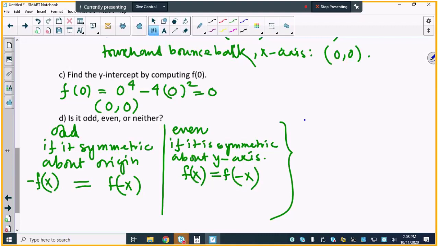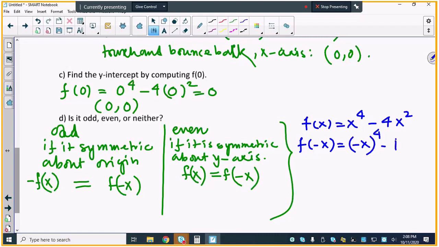For our example, our f of x is equal to x to the power 4 minus 4x squared. So we will find out f of negative x, which will be negative x to the power 4 minus 4 times negative x to the power 2. So remember, even power of negative numbers just change it to a positive number, so the minus goes away and I get x to the power 4.